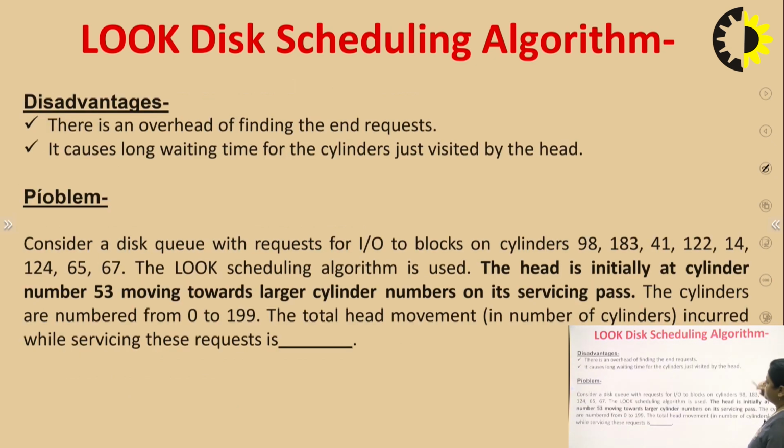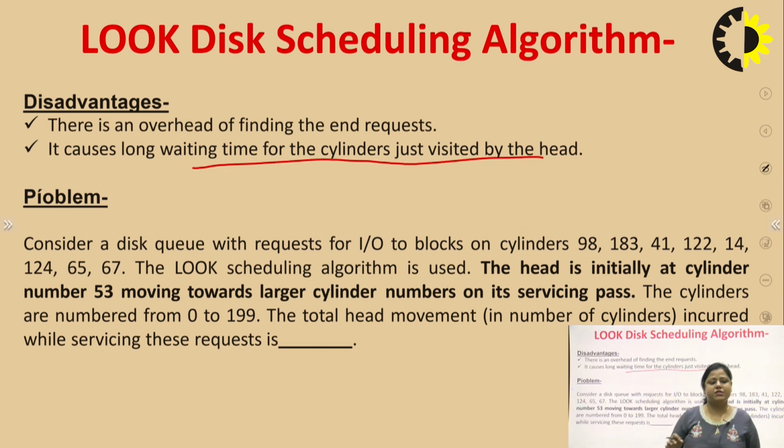Now, we take some examples. There are some disadvantages also. There is an overhead of finding the end request, and it causes long waiting time for the cylinder just visited by the head. So, we take this example. Consider a disk queue with requests for input output to block cylinders on 98, 183, 41, 122, 14, 124, 65 and 67.